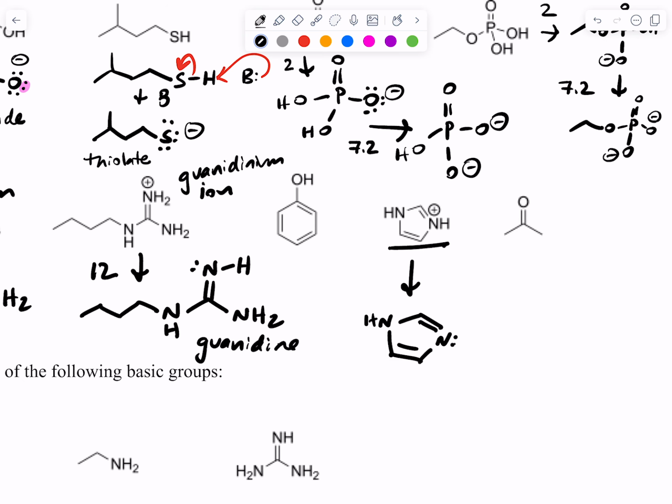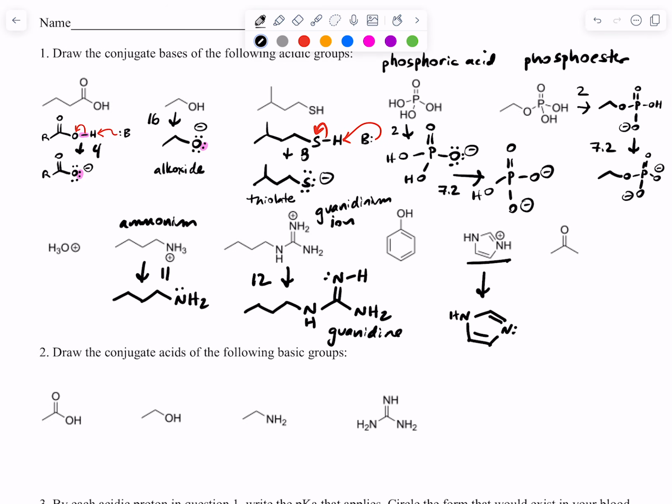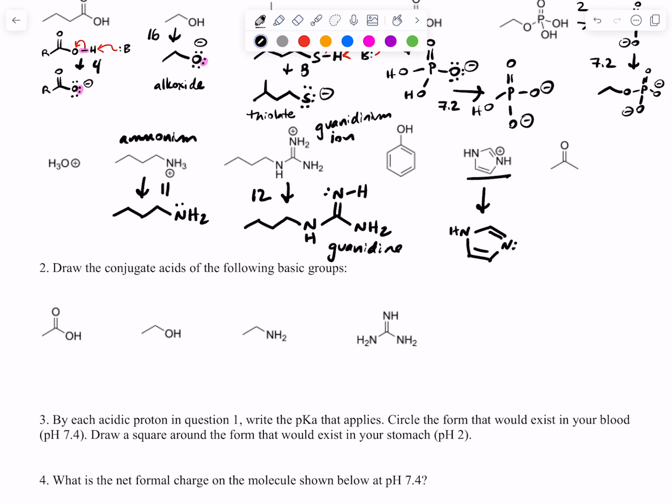Yeah, so some of you are looking at 11. 11 was the number for the ammonium ion. And it is true that that's a decent approximation, but you're going to want to try to find something that is as close as possible. Okay, let's see. We had the pKa for the ammonium ion was 12.